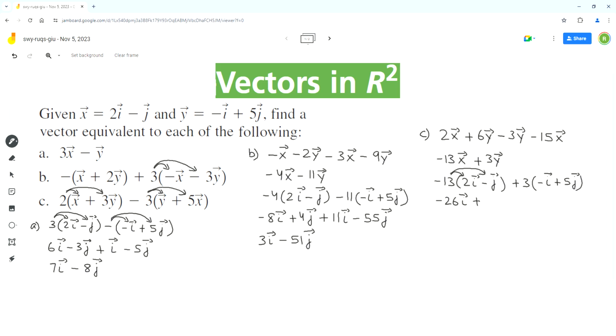So now we do negative 13 times negative 1, which is equal to positive 13. And in the next part, we can distribute 3. So positive 3 times negative 1 is negative 3, and then 3 times 5 is 15.